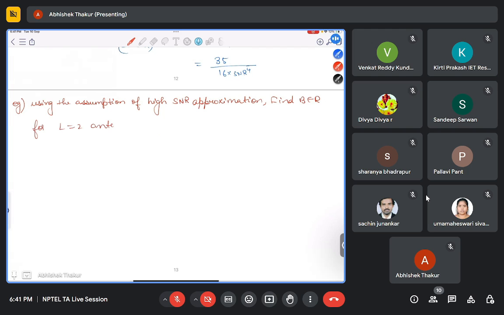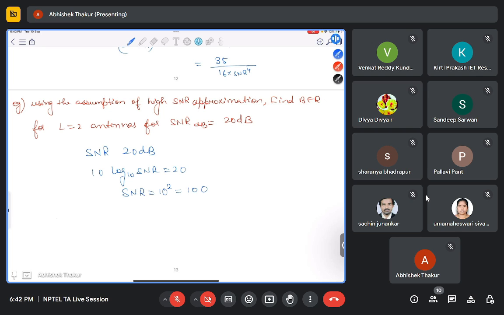So this is a multiple antenna system, for a signal to noise ratio of 20 dB. So here SNR is given as 20 dB. So 10 log 10 of SNR is equal to 20, so the value of SNR will be 10 to the power of 2, that is 100.